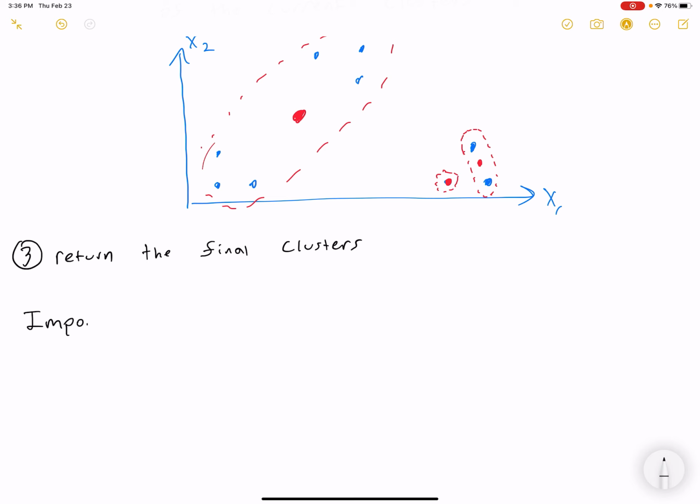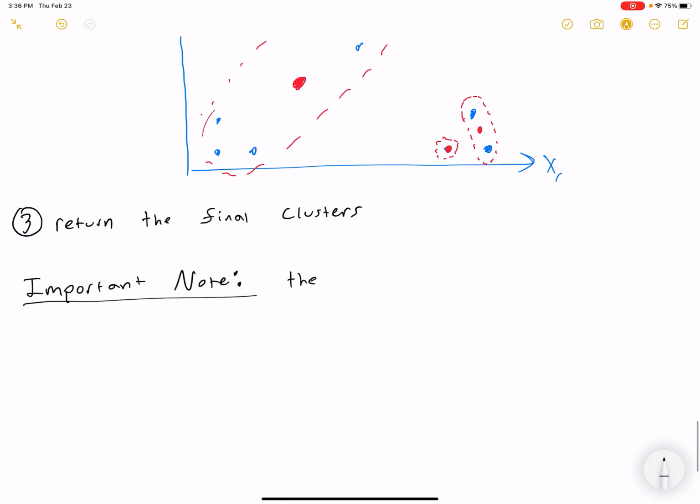So the important note, and this might be the type of thing you would just have to know, or think about for other algorithms for the midterm, just by thinking about how these work, but I'll be explicit about this here.